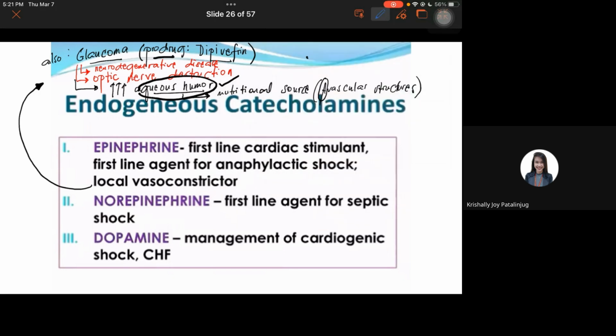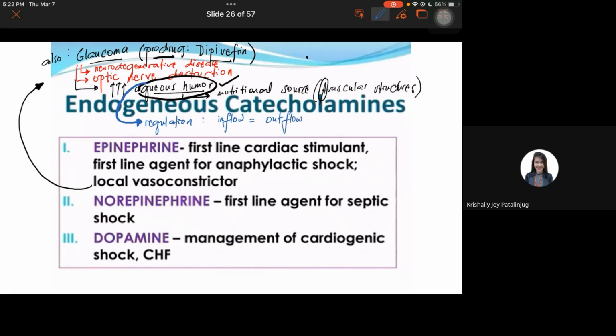Yun nga lang, since importante siya, dapat may tamang control or regulation sa level or amount of aqueous humor in the eye. So there should be proper regulation of it in such a way nga dapat yung inflow ng aqueous humor sa mata should also be equal to the outflow ng aqueous humor sa mata.